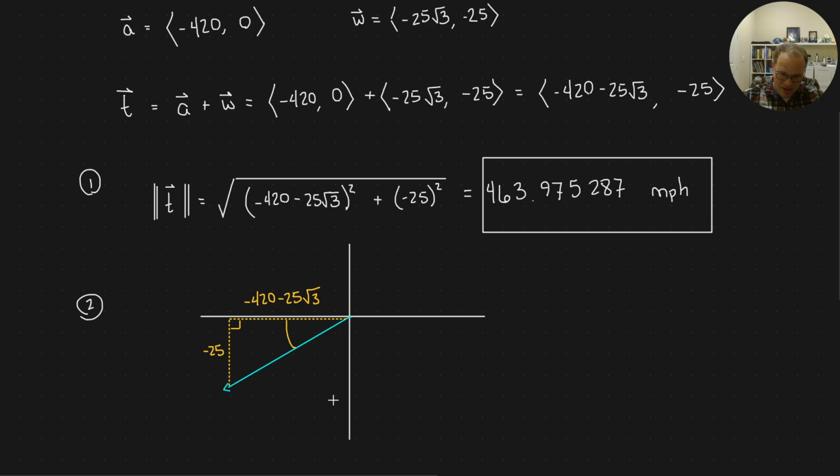If I could find that angle there, I know how many degrees I am south of west. So what do I know here? I know that little trigonometry, tangent of theta is equal to opposite over adjacent.